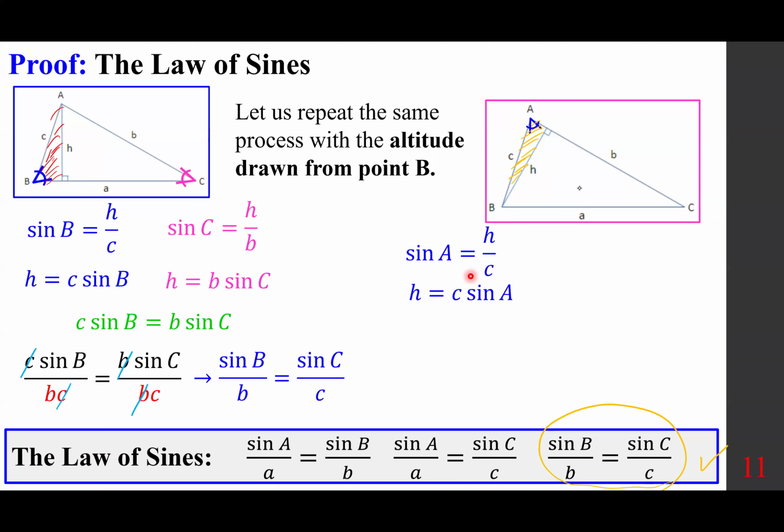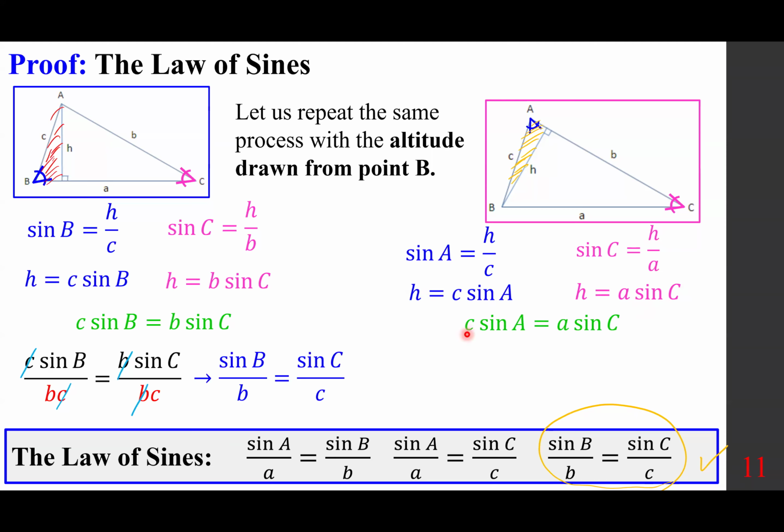And now if we go to this triangle, sine of this angle C is the opposite, h, but this time over the hypotenuse, opposite the 90-degree angle. The hypotenuse is a, so h over a, and cross product will give us h again. And of course, since the two are equal to h, then they must be equal.